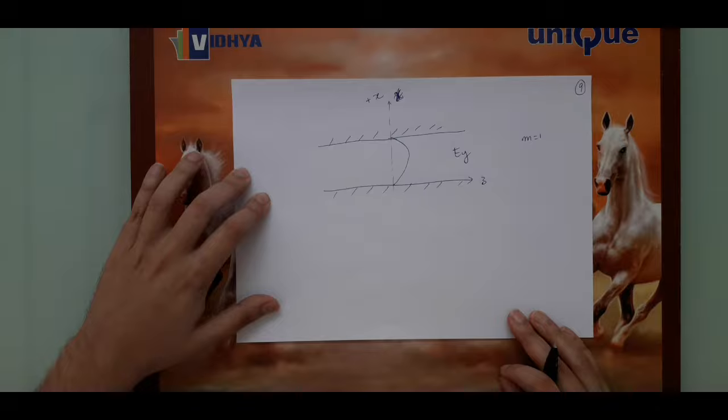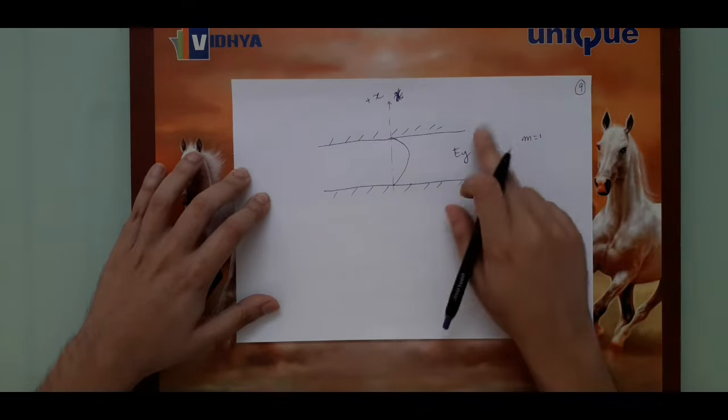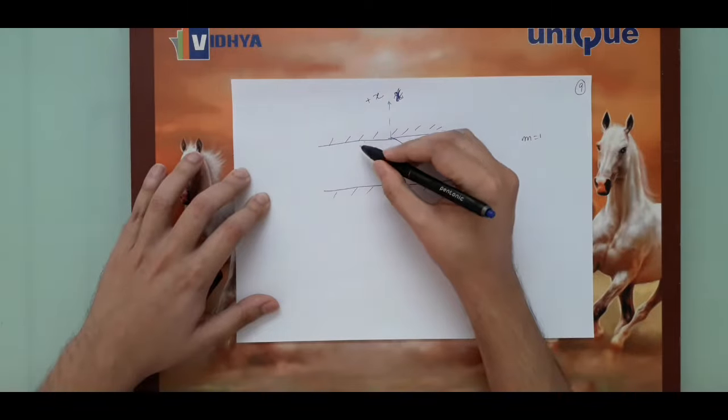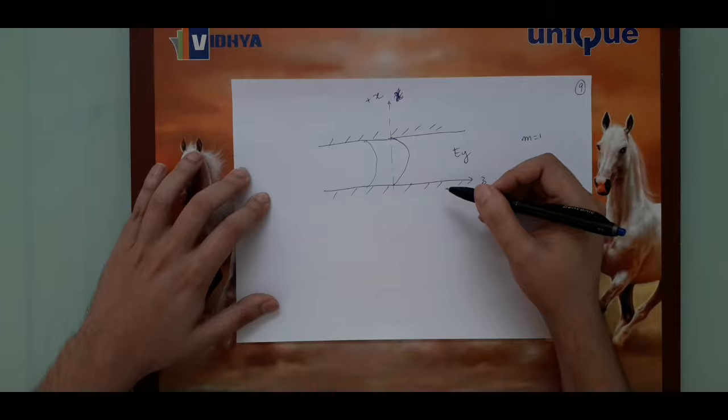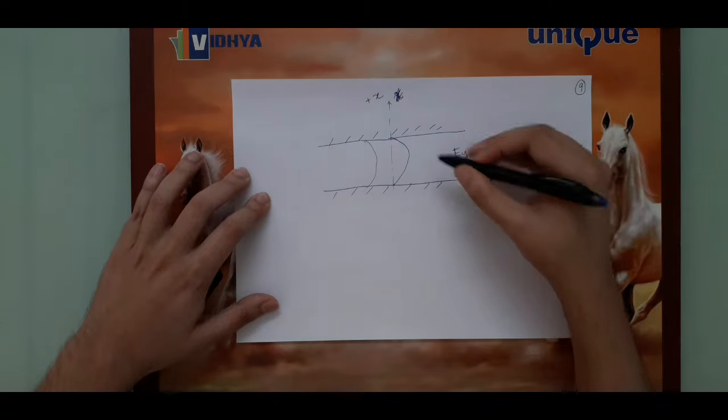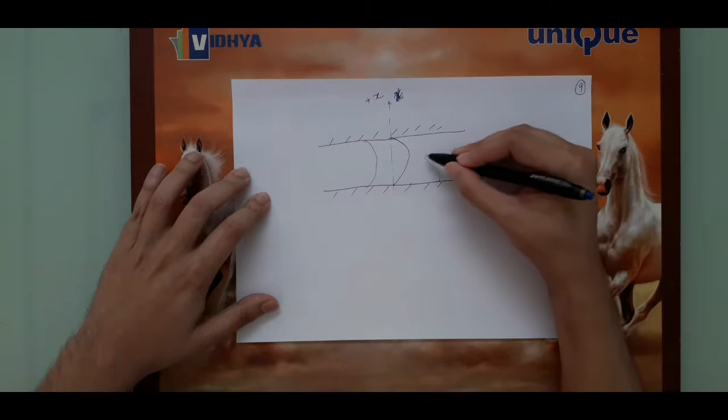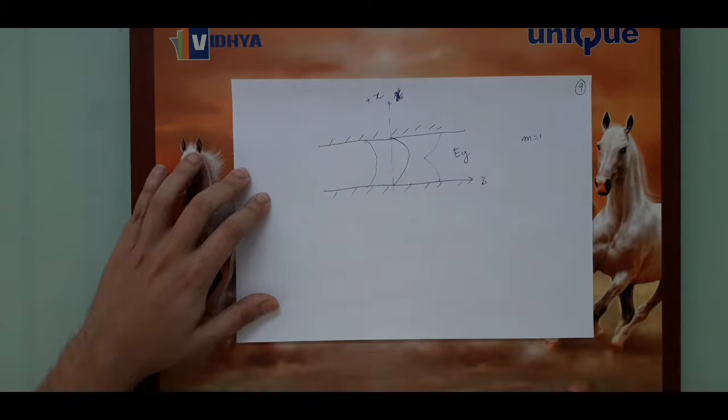This is something very interesting. EY looks like this, even HX looks like this, yes. And the HZ kind of looks like this. There is a maxima over here, and somewhere later the minima will come, and then again a maxima.